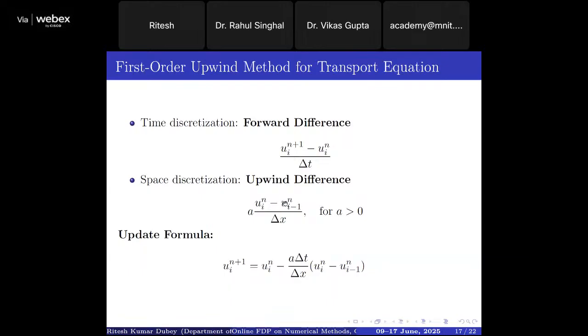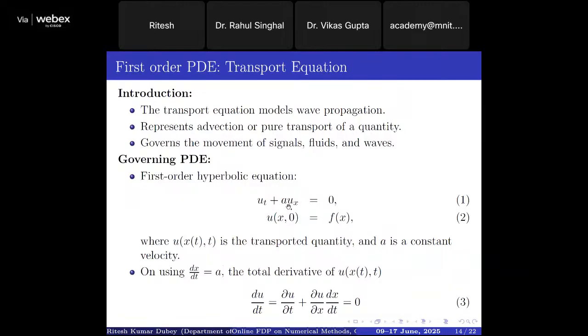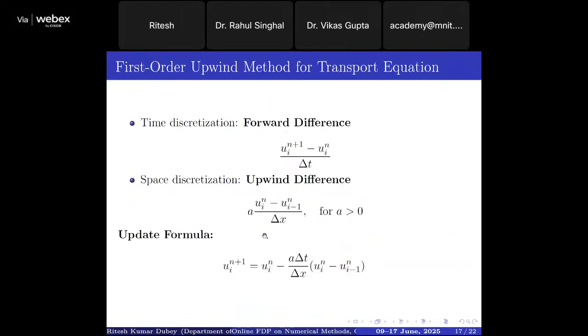So at the nth time level, the difference of the quantity at grid point i and i minus 1. If we take this and put it into equation number 1, u t by forward difference and u x by backward difference, you will get this scheme. This is your update formula.